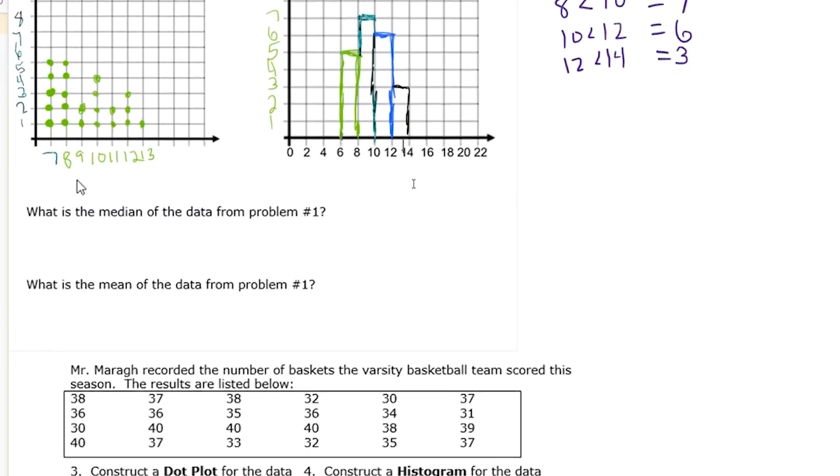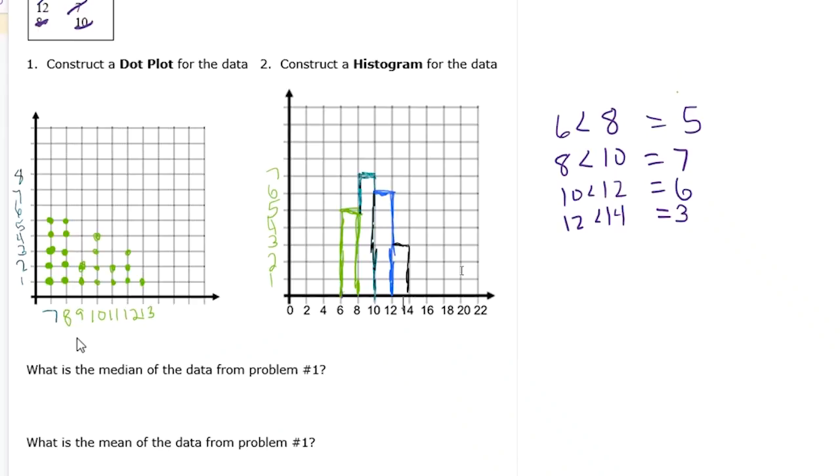All right, let's answer these questions. What is the median of the data? All right, so to find the median, let's organize these. We have 5 7s. I can't really get that information from the histogram because I don't know exactly what numbers are in this range. So we have 5 7s and then 5 8s.